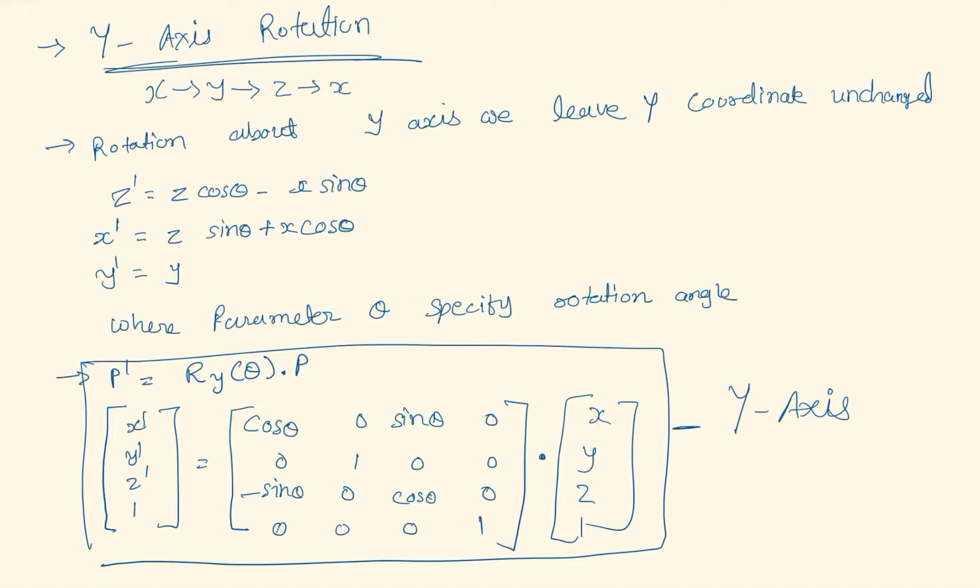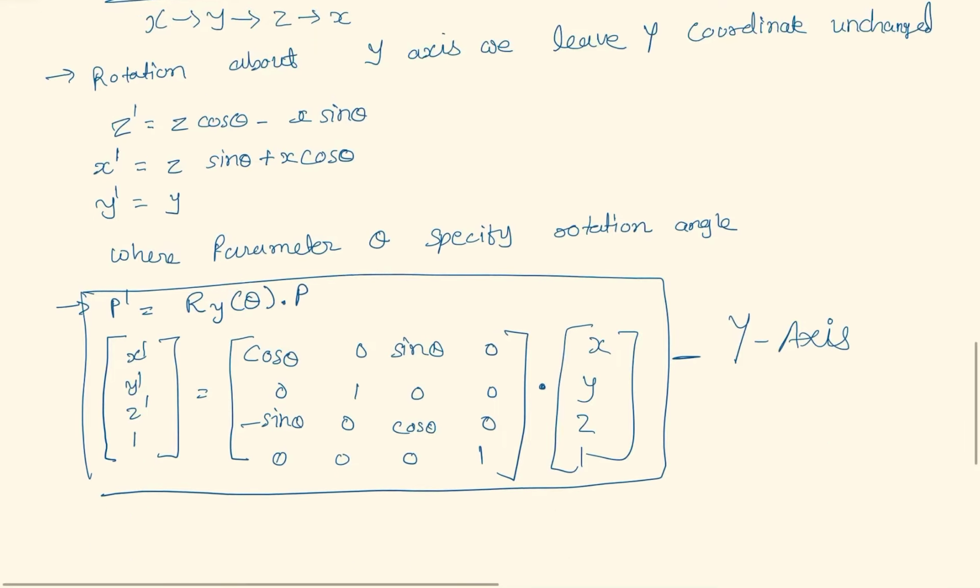Now similarly we can define z axis rotation. Let's see z axis rotation. For z axis rotation, the two-dimension rotation equation can be easily converted into 3D z axis rotation.